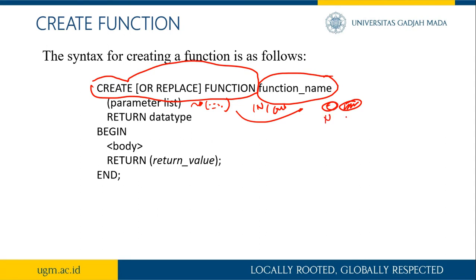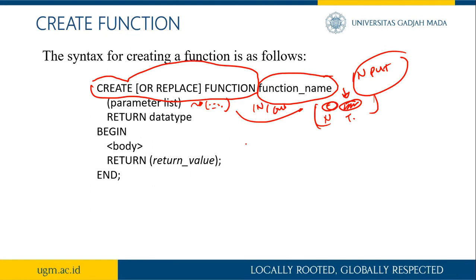Because in a function, it's always an input parameter. So no output parameter here, and we don't need to write in or out like in the procedure. Just write inside the brackets the name as well as the type of the parameter.